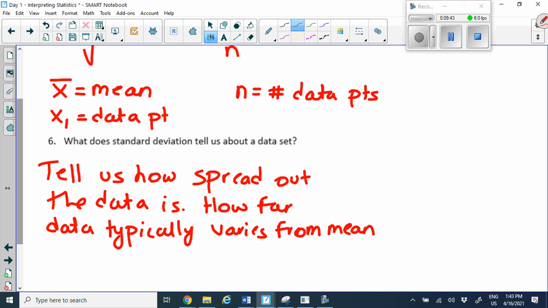So as I introduced, this is a measure of spread.